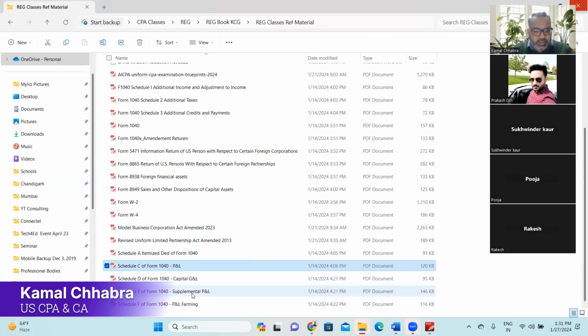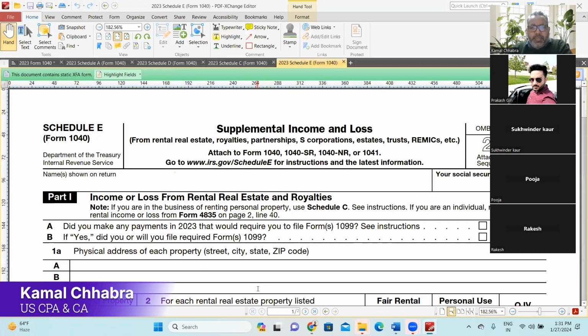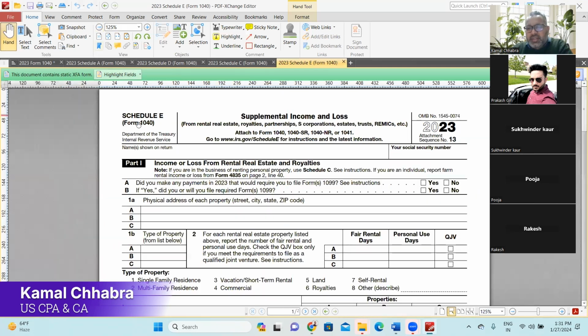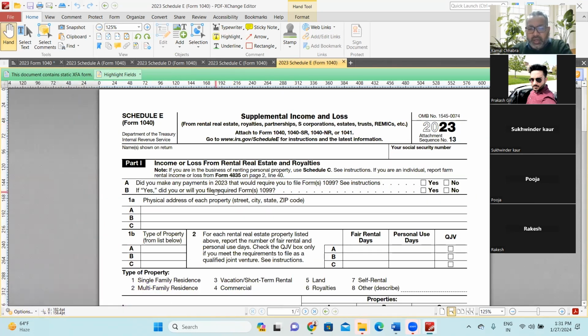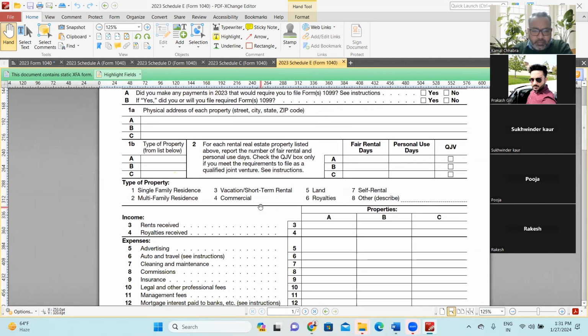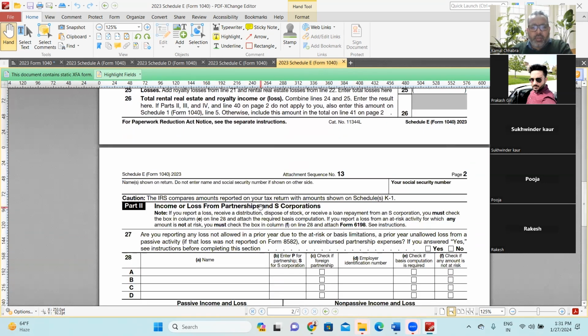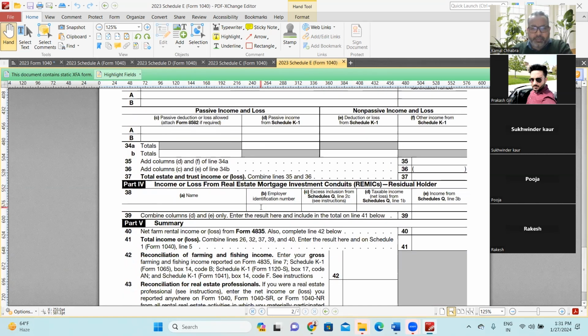I would say, supplemental profit and loss. The supplemental profit and loss is for, you can say, royalty income, rental income, real estate income, right? If any of your clients do have that, then you need to file Schedule E. That will provide the detail of the respective property in which your client is having rental income, royalty income, interest income, all those things you need to provide here in the respective form, right?